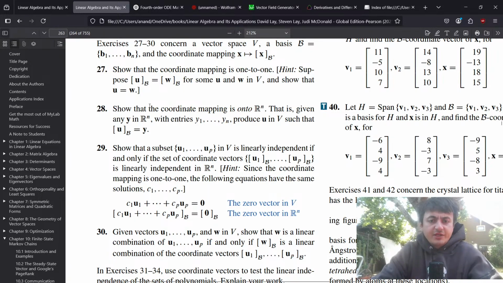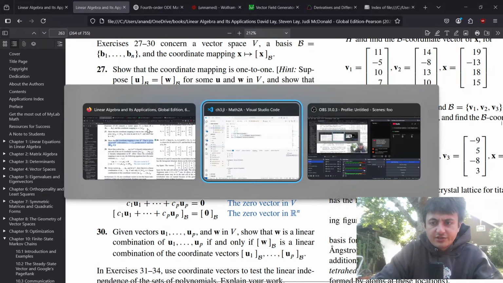Okay, so that one should be pretty easy. I think it's just applying the reverse coordinate transformation.